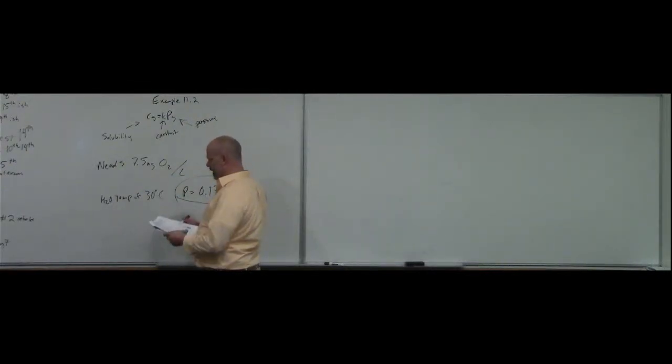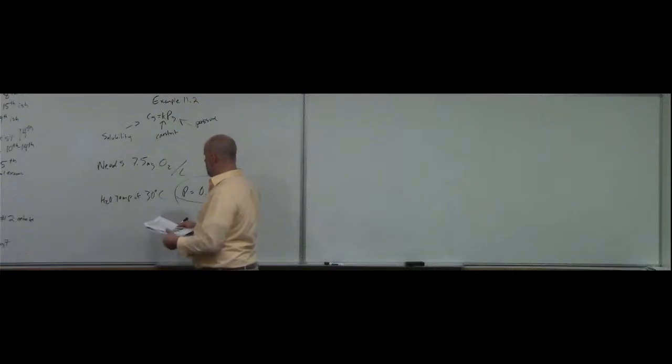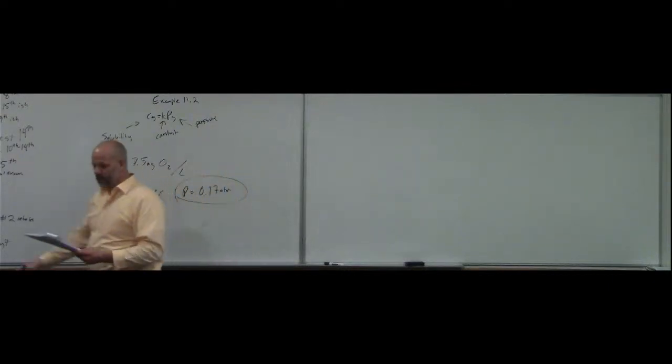So for this one, we're given a chart that we looked at before. I'm literally going to hand it to you because I know you're not looking at this. What we want to know is what this is going to tell us, K. So what is K at 30 degrees for oxygen? 1.2.